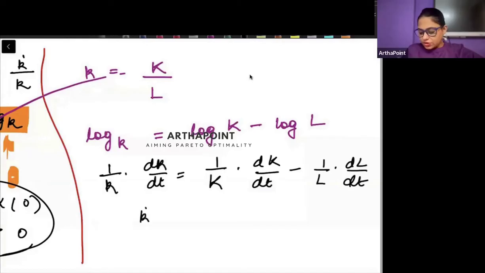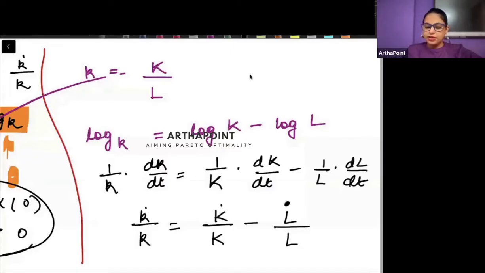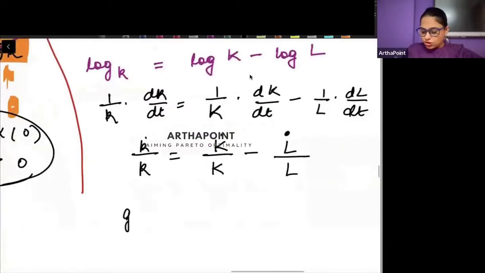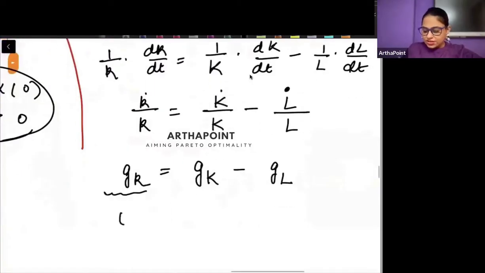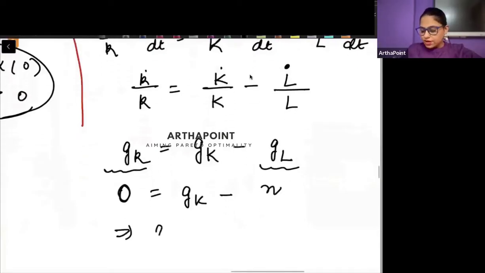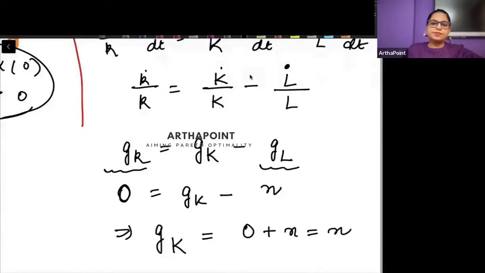So I will get k dot by k is equal to capital K dot by K minus capital L dot by L. This is the growth rate of capital per capita. This is the growth rate of capital. This is the growth rate of labor. ये हमने prove कर दिया that this is 0. So this will be this. And labor is growing at the rate n. So we will get growth rate of capital K will be 0 plus n, which will be n.